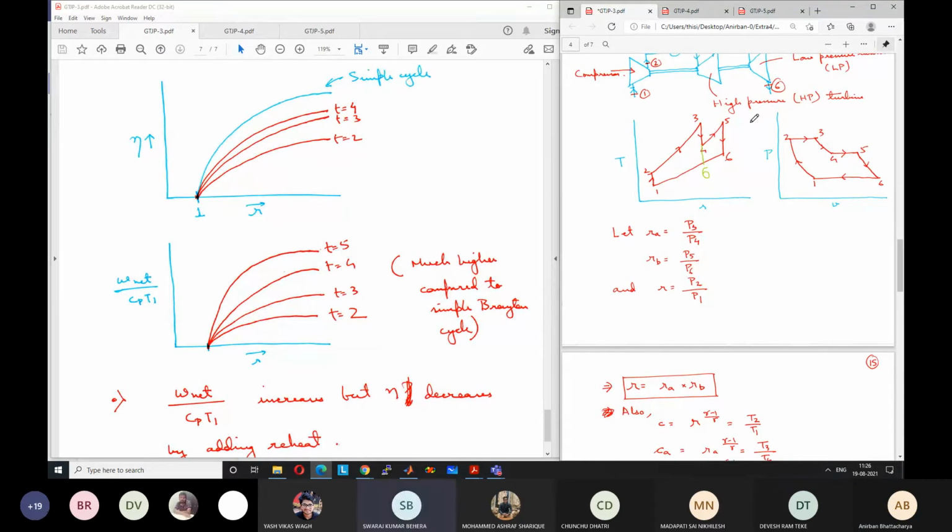Sir, area of TS diagram increases. That is understood. So from that we know. But just thinking in terms of the turbine, forget about the compressor work input, everything. In terms of the turbine, why for the same expansion are we getting more work output?